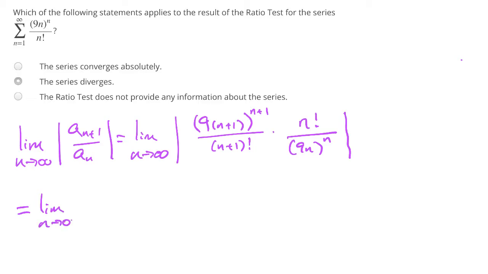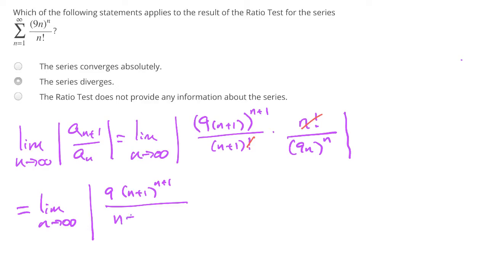So we've got the limit as n goes off to infinity. Our 9 to the n will kill off our 9 to the n in the numerator, so we'll just be left with a 9. We've got an n plus 1 to the n plus 1 power. Our n factorial is going to kill off an n factorial in the denominator, so just leaving us with our n plus 1 in that case.